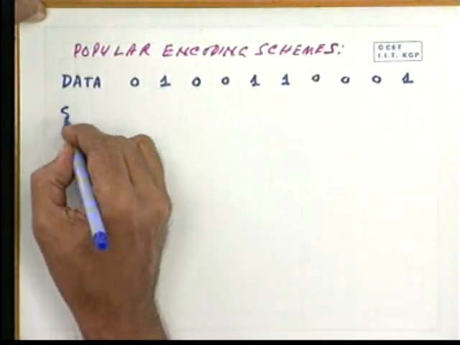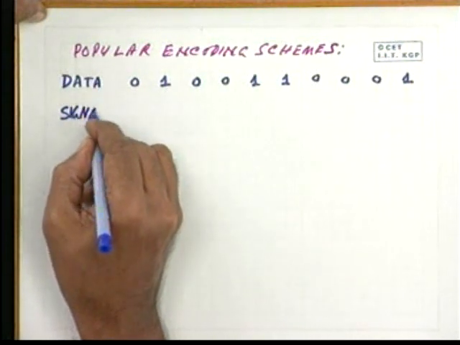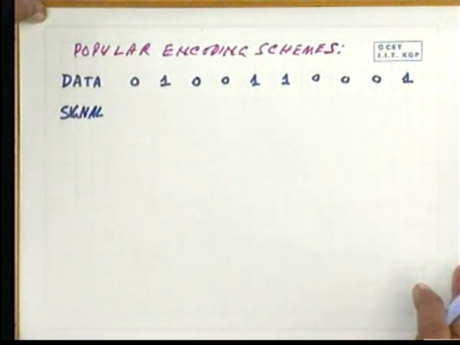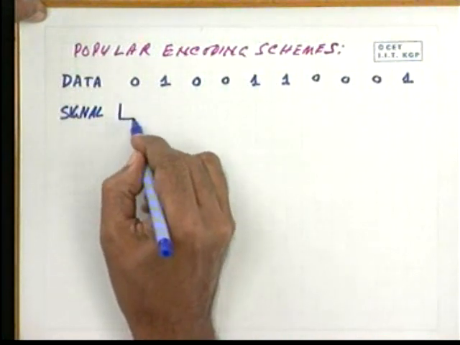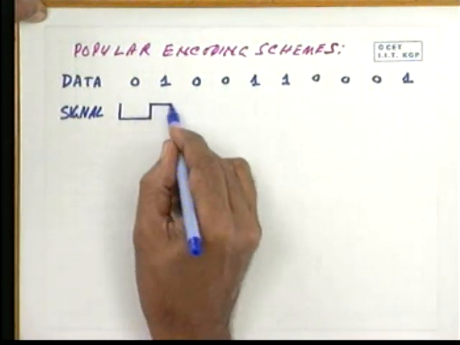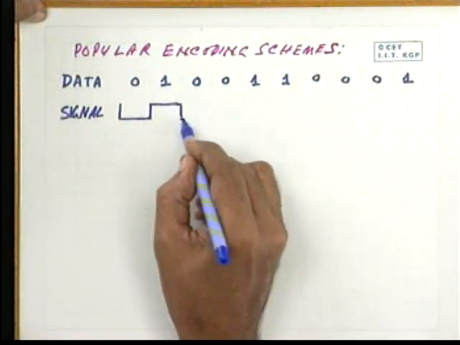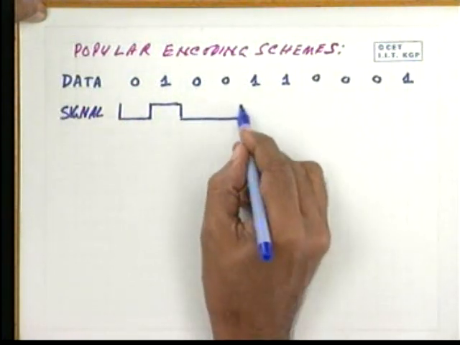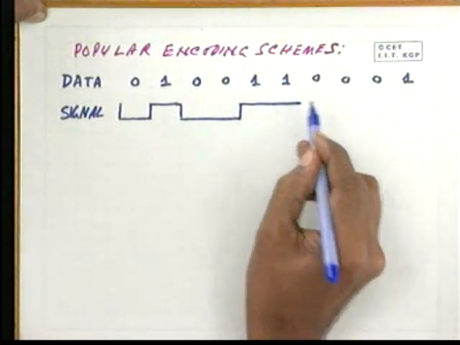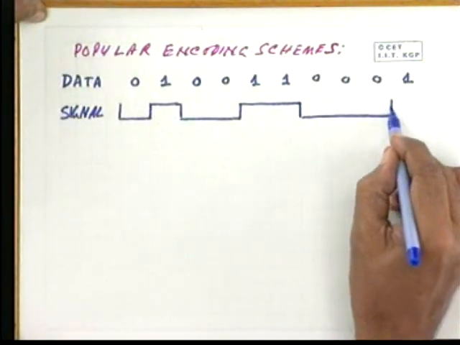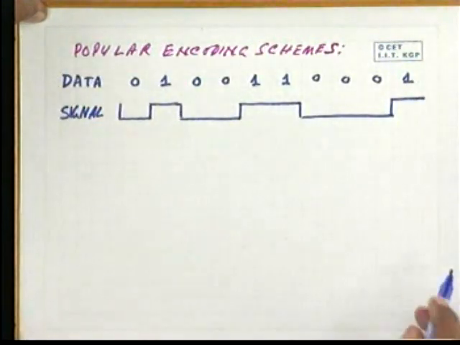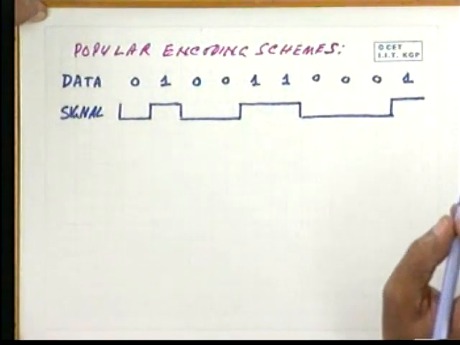And your signal, the simplest one, as I said, can be represented by 0 with a low level, 1 with a high level, 0 with low level, 1 with high level, 0 with low level, and 1 with high level. This is one of the possible schemes.